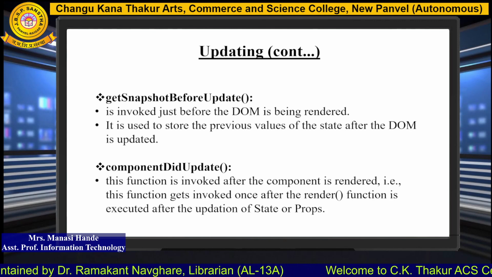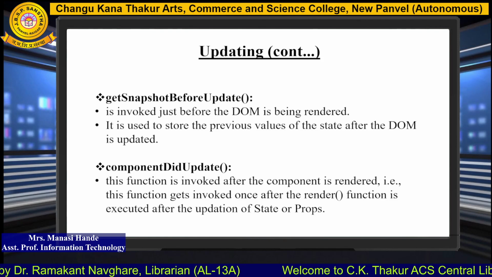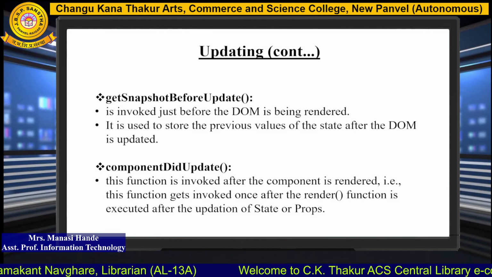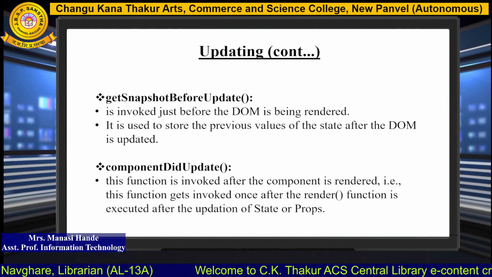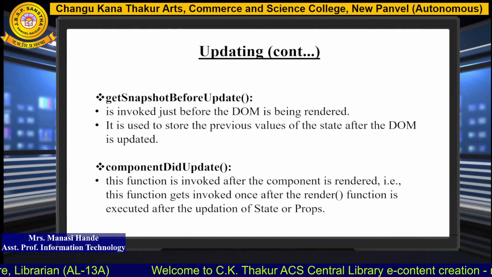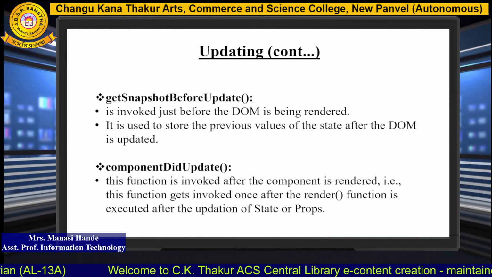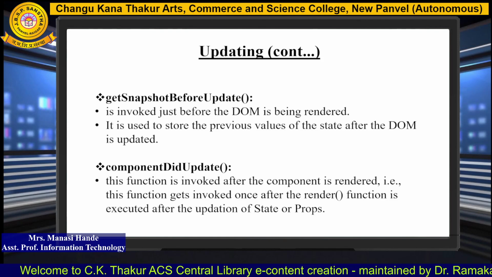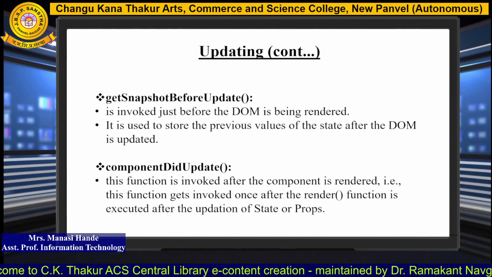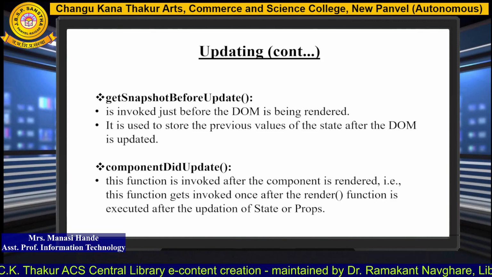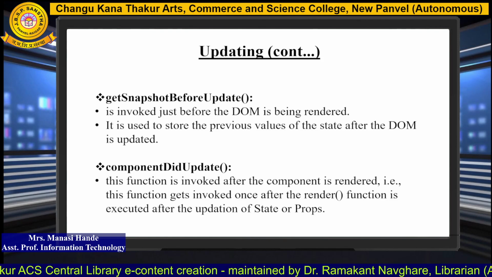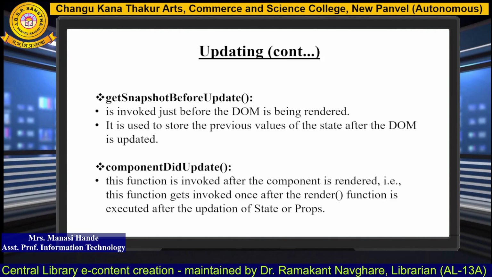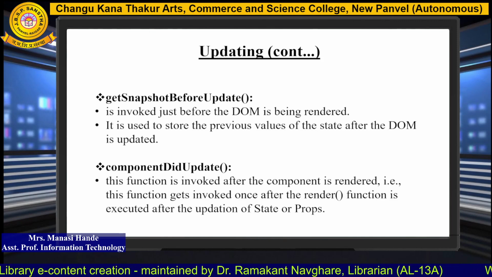The getSnapshotBeforeUpdate method is invoked just before the DOM is being rendered. It is used to store the previous values of the state after the DOM is updated. Another method is componentDidUpdate. This function is invoked after the component is rendered. That is, this function gets invoked once after the render function is executed after the update of a state or props.